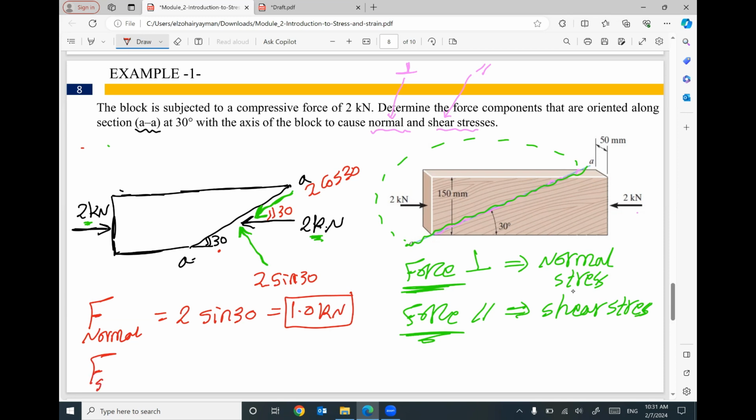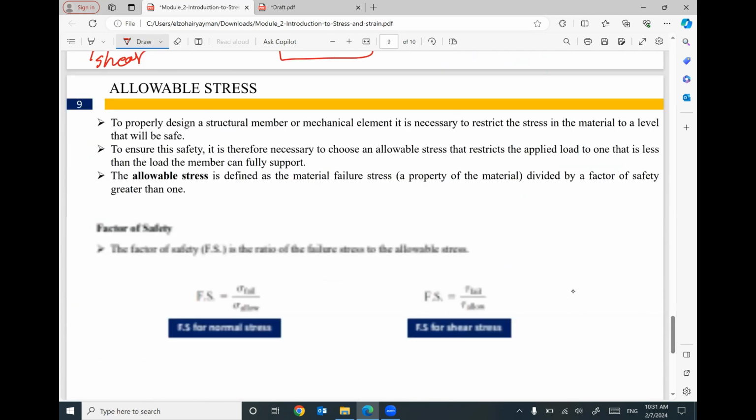The force that will cause shear stress equals 2 times cosine 30, which is 1.73 kilonewton. This force will cause shear stress. How to calculate the value of the shear will be covered in the following video. But so far, we are explaining the concept of stresses.